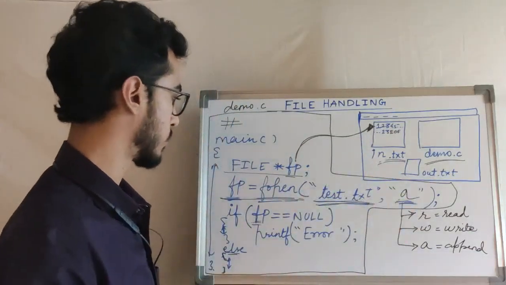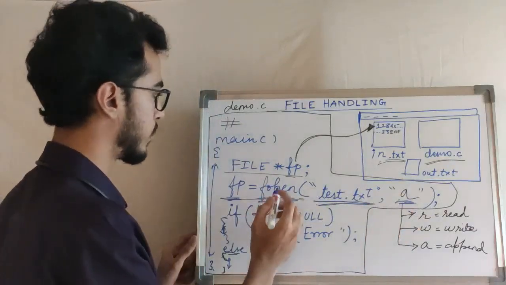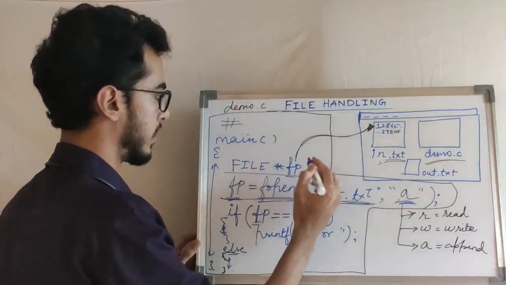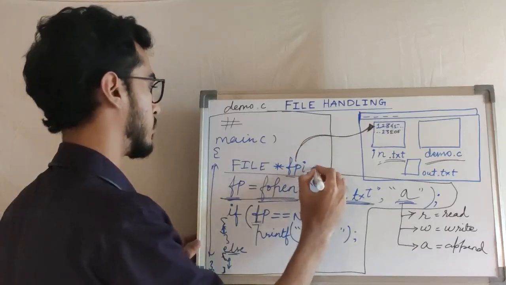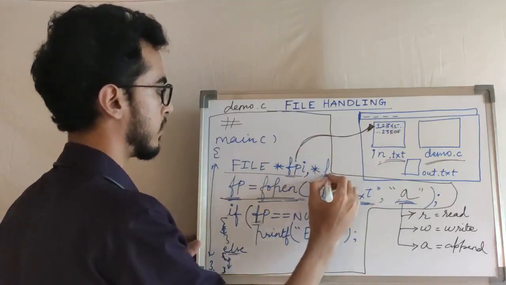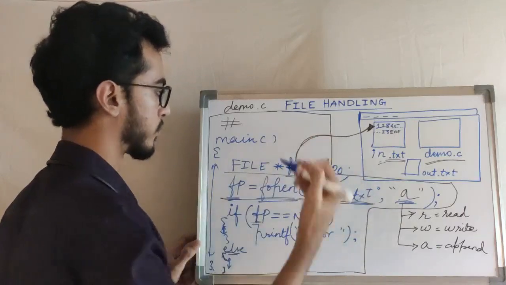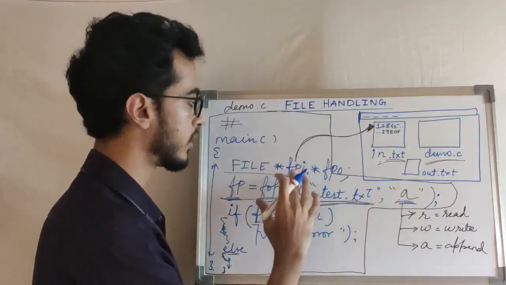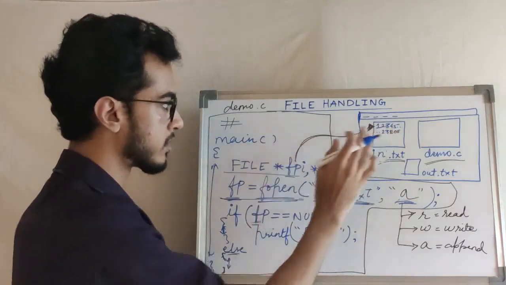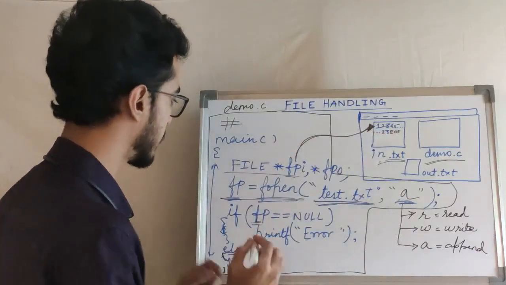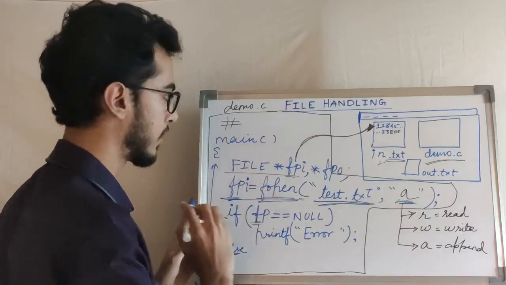Here you can give, let's say, fpi, comma fpo. These are the two pointers, fpi and fpo. Let fpi point to this in.txt, so I can make the changes as fpi equal to fopen.